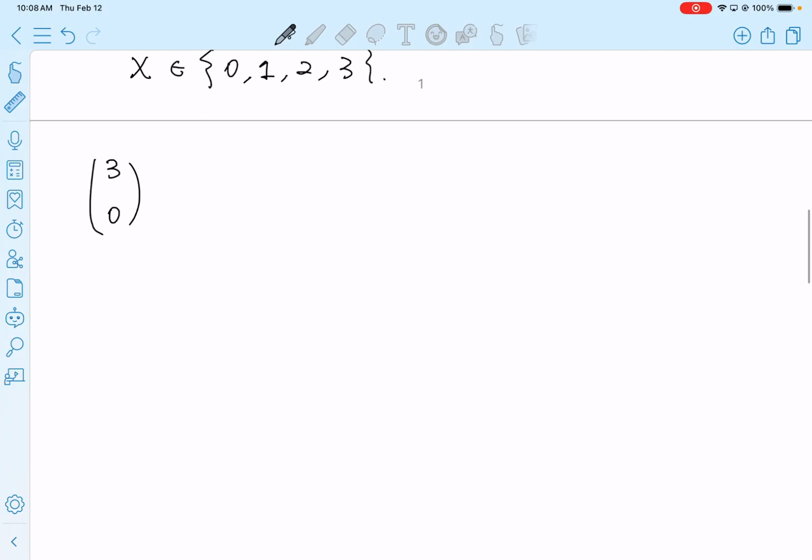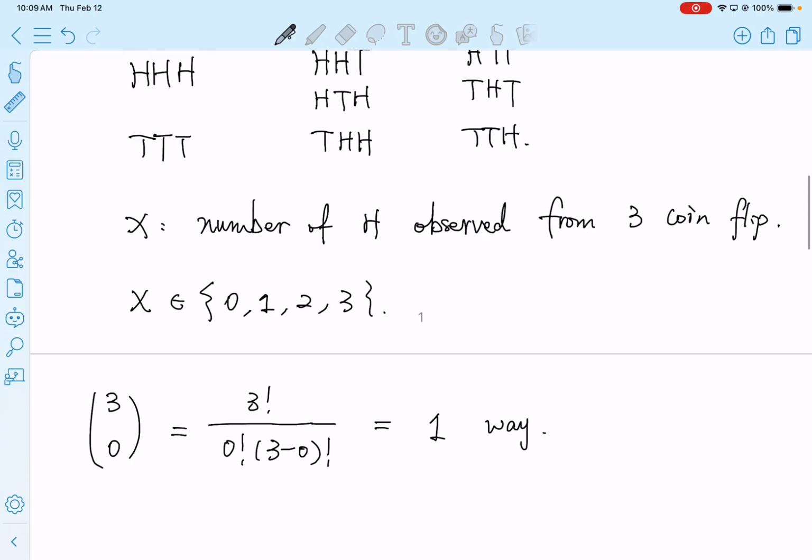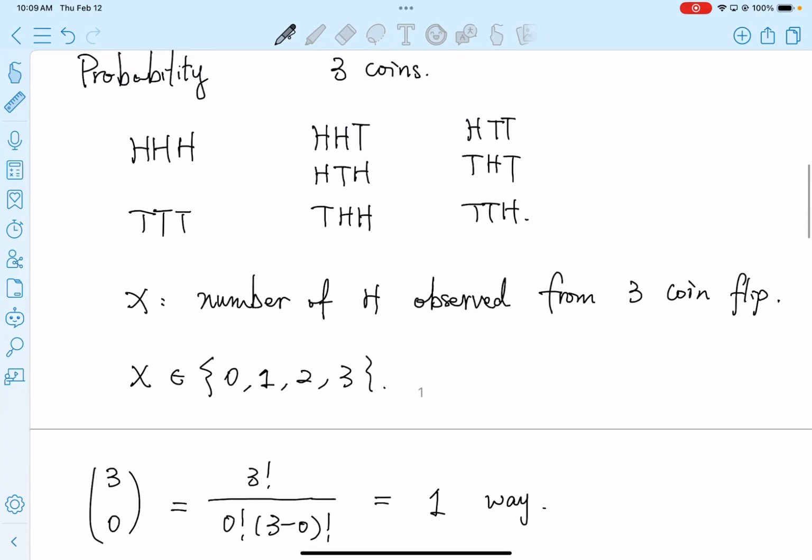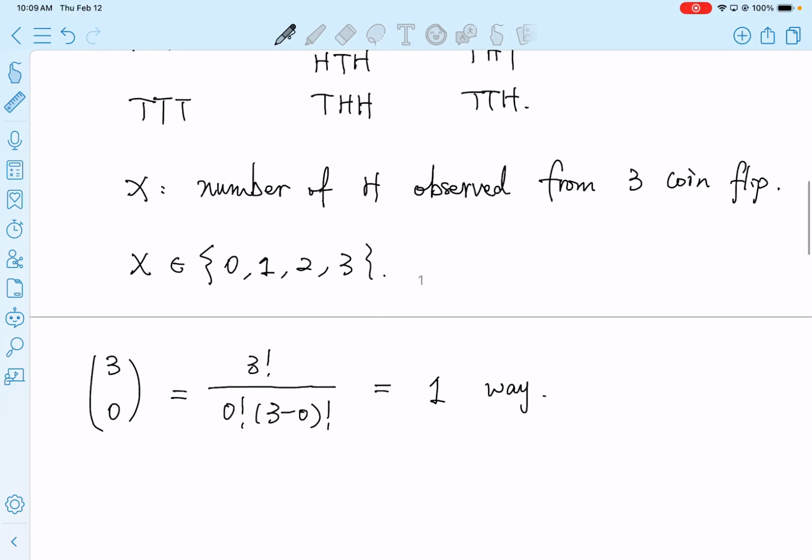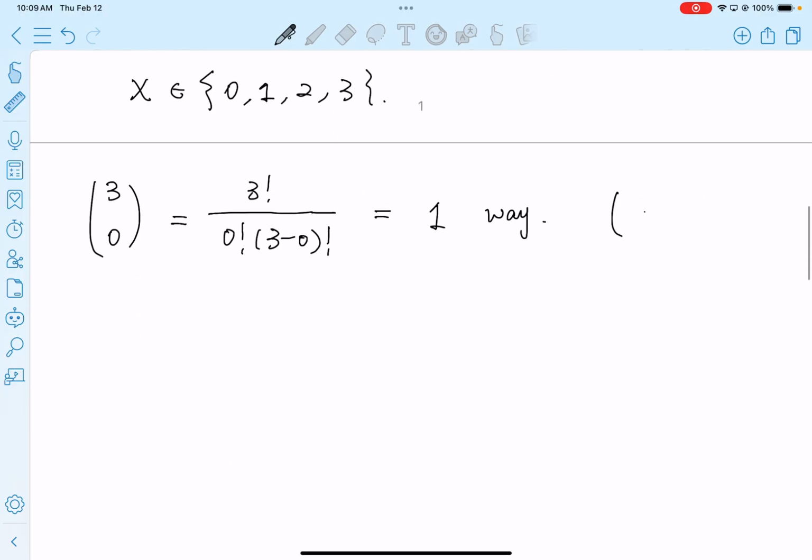And then if we plug in the formula, which is 3 factorial over 0 factorial, and then 3 minus 0 factorial, you will get 1 way. And this is associated to the case when there are 0 heads, which is the 3-tail case. Okay, so let me just put it here. So there is only 1 way out of those 8 outcomes that you can get.